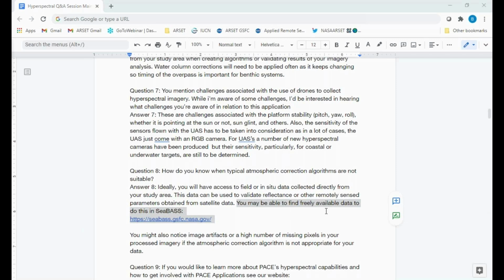That data you can eventually use to validate the reflectance or other remotely sensed parameters that you want to measure. You might be able to find freely available data in the CBAS site, and we included the link to the site there.